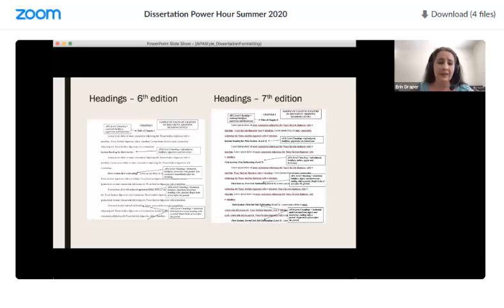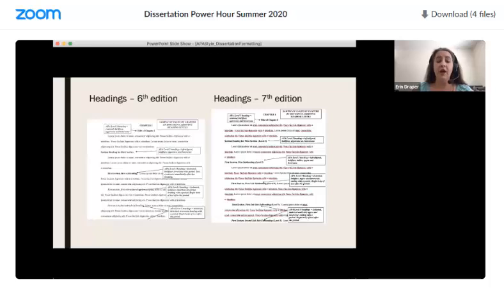Your chapter title is going to have a heading. That one doesn't change at all. The first level 2 subheading, that left-aligned one, hasn't changed at all. The big change is that all of the headings now use what's called title case capitalization, where all of the big words will be capitalized, except for small words like and, in, the, if it's not the first word.